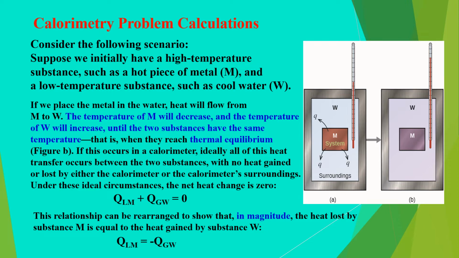Calorimetry problem calculations. Consider the following scenario. Suppose we initially have a high temperature substance such as a hot piece of metal M and a low temperature substance such as cool water W. If we place the metal in the water, heat will flow from M to W. The temperature of M will decrease and the temperature of W will increase until the two substances have the same temperature.